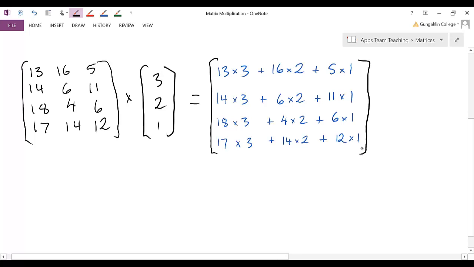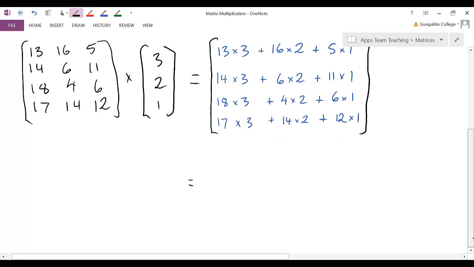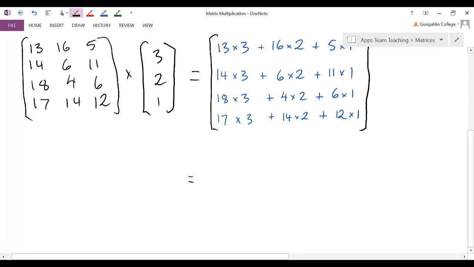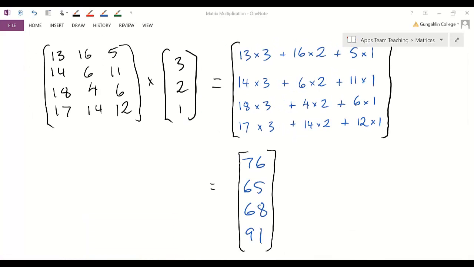We can see there's going to be a lot of calculation that needs to go into working out the results for this matrix. To work out the first cell, I'm going to need to do all of these sums, 13 times 3 and 16 times 2 and 5 times 1, and then add them all together. So let's just jump ahead and have a look at what those results are.